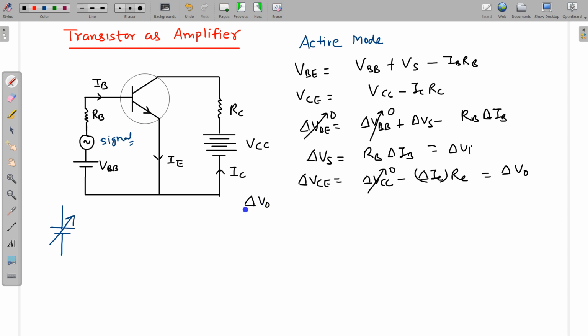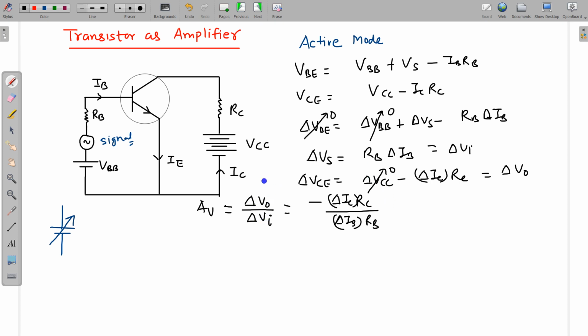So delta V0 by delta VI, the change in output voltage divided by the change in input voltage, is our voltage amplification factor, which we denote as AV. What is delta V0? This is minus delta IC into RC, divided by delta VI, which is delta IB into RB.